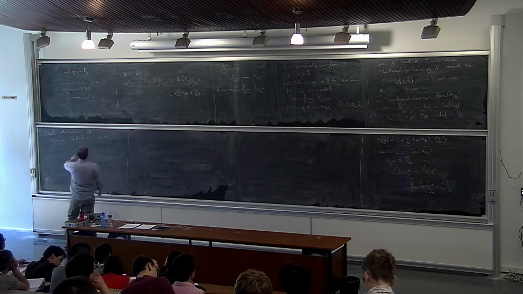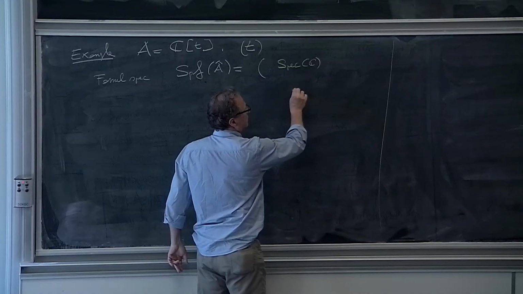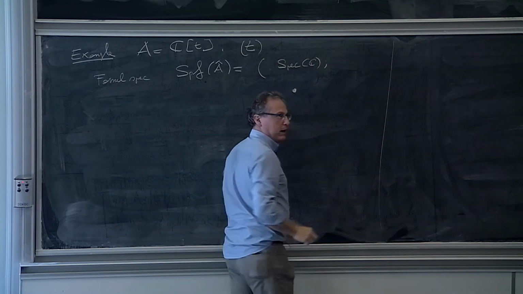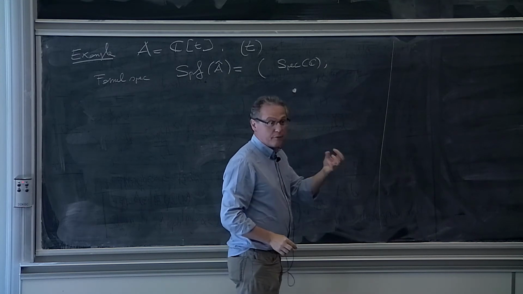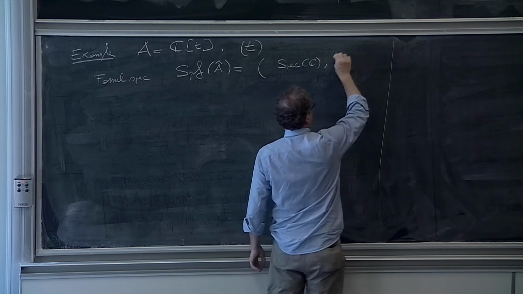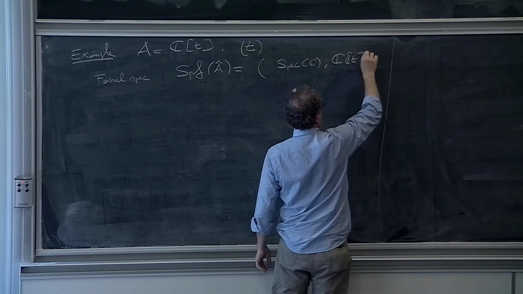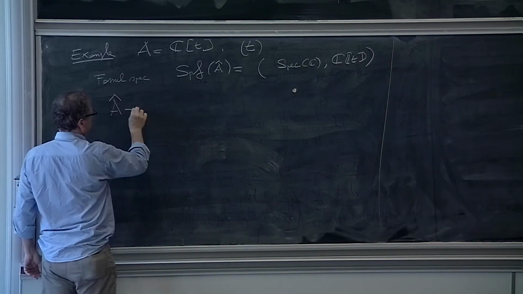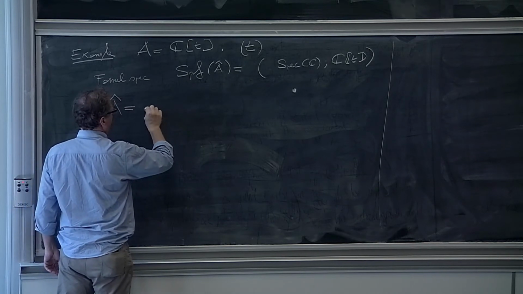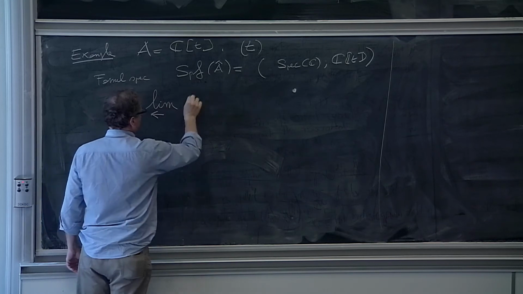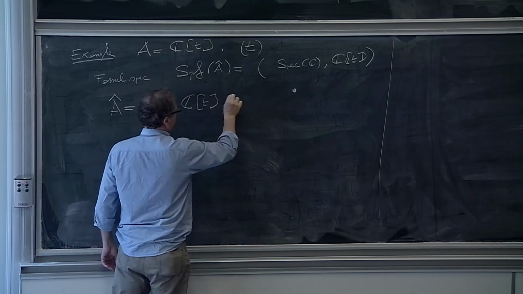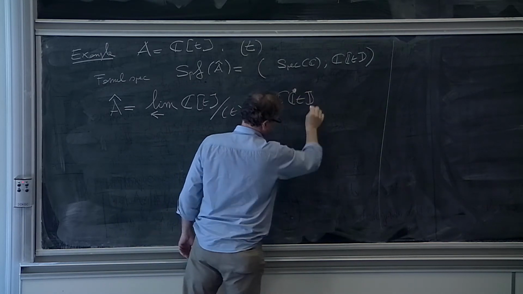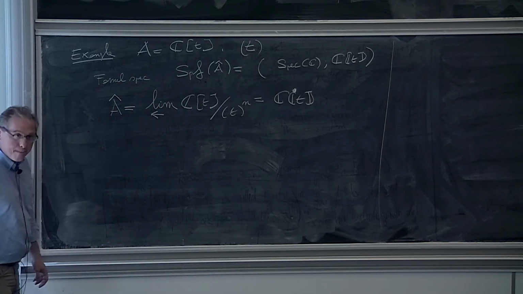So this is a point as a topological space, but as a ring of regular functions it is C[[T]], because A hat is the limit over C[T] divided by T to the power n, which is C[[T]].